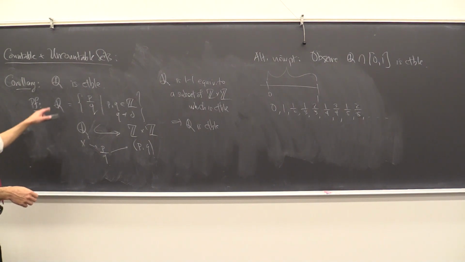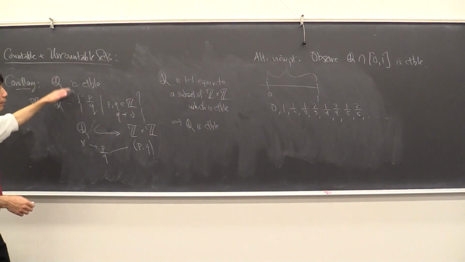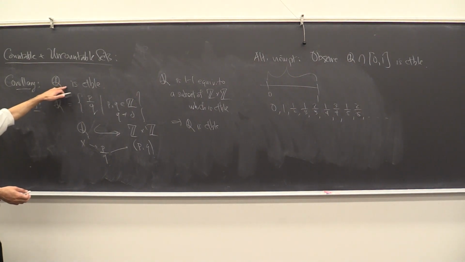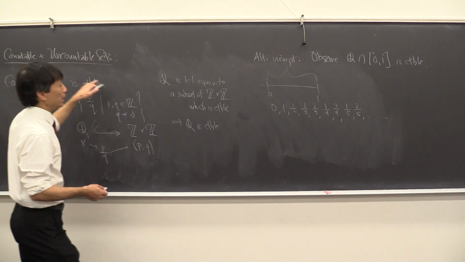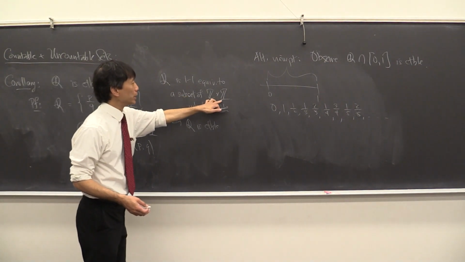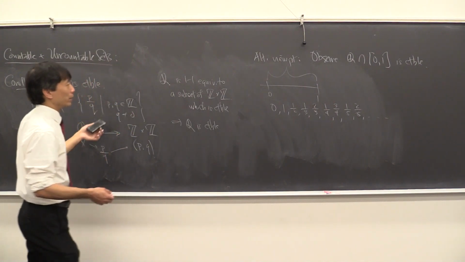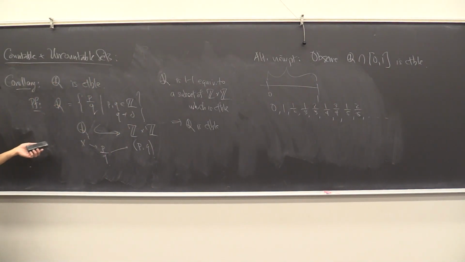But I think in the line of the story we're telling right now, the best way to think about this is that this is a subset of a Cartesian product, and Cartesian products of countable sets are still countable.